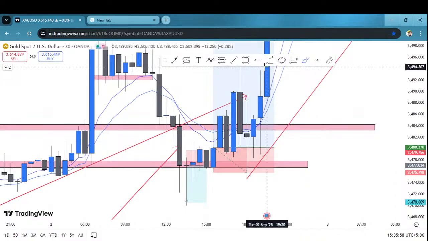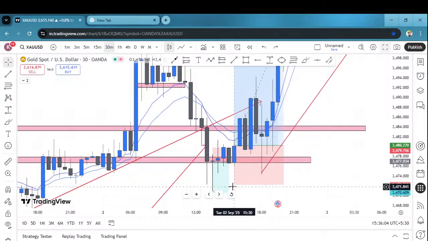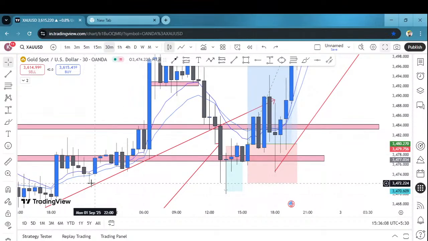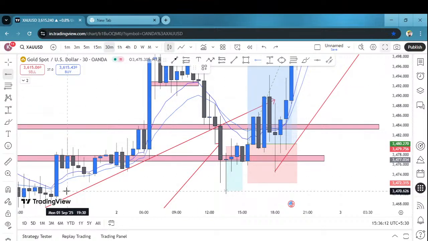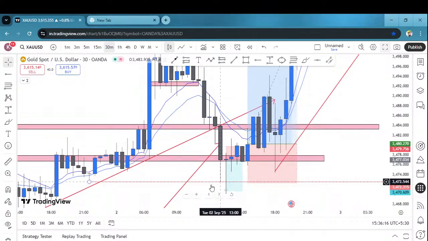So why waste it? That's why I kept my SL somewhere around this zone, because of this structure. If you see this structure, I kept my SL somewhere around that structure.